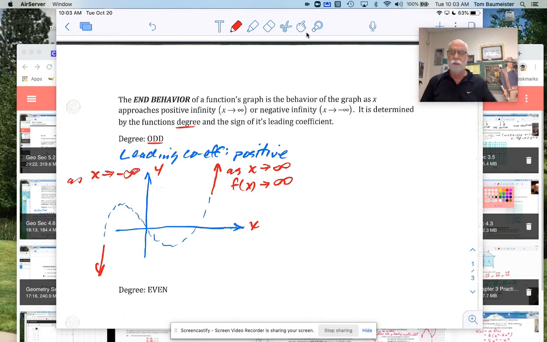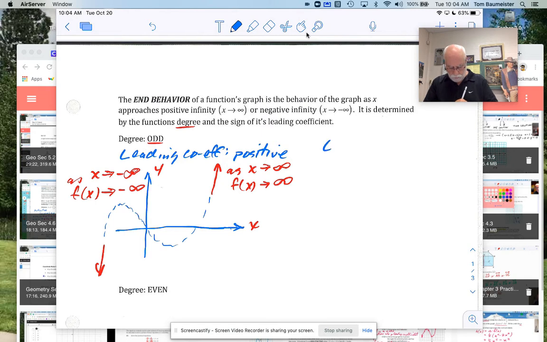X is going this way, so we're going to negative infinity. F of x, which is our y value, is going down, and it's approaching negative infinity also. That's when it's odd and the leading coefficient is positive.